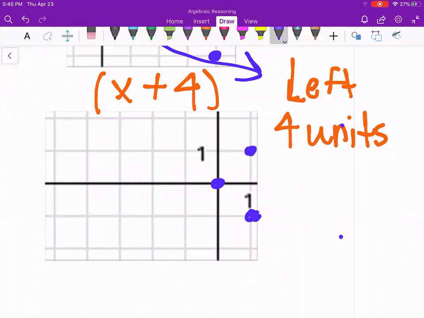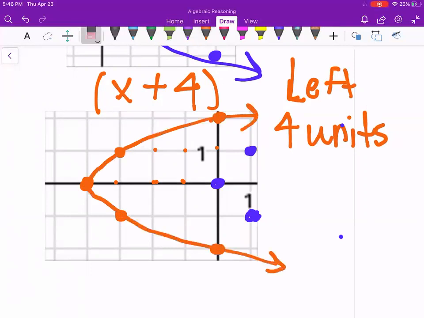So we're going to take all 5 of these dots and shift them to the left 4 units. So 1, 2, 3, 4. I'm going to count out for each one of them. All right, and there's my new graph. Clean this up a little bit, erase my extra little dots. And there's my new graph, just shifted over to the left 4 squares.